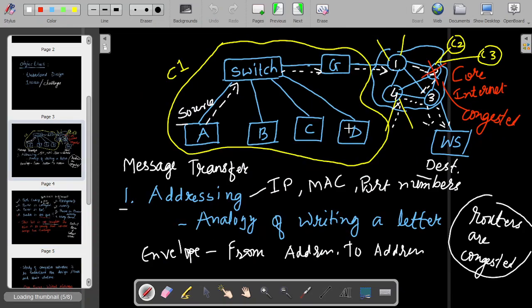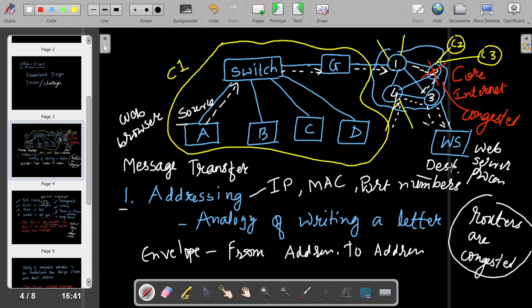Again, coming back to this example, let us say that on machine A there is a web browser running, and as I mentioned in the first tutorial, on the web server machine a web server program, or web server process, is running, and it is the web browser using which you are typing http www.abc.com.